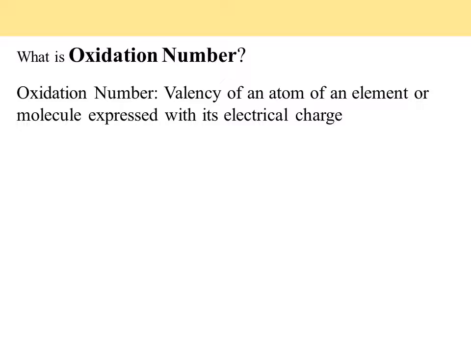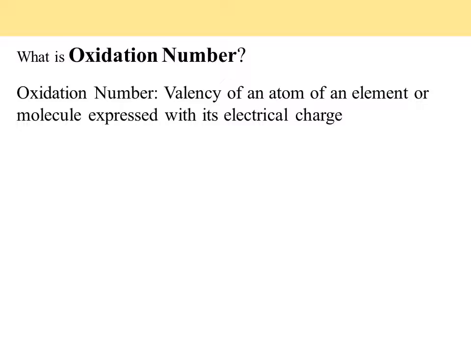Now the question is, are valency and oxidation number the same? If we consider the integral value of the oxidation number and the valency, then the numerical values will come the same, only numerically.